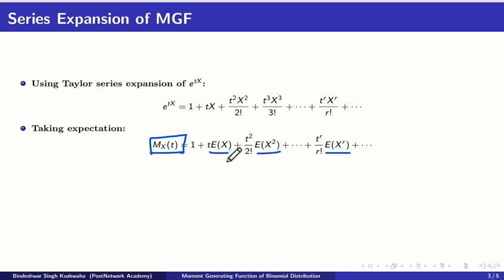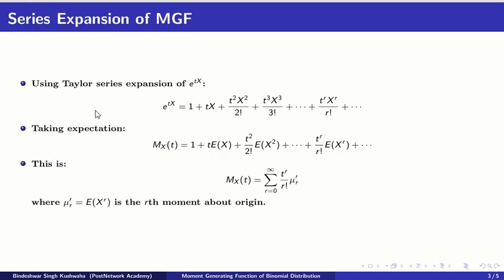These are moments about the origin: the first moment, second moment, and rth moment about origin. Using this expression we get this one, where mu dash r is the rth moment about origin.